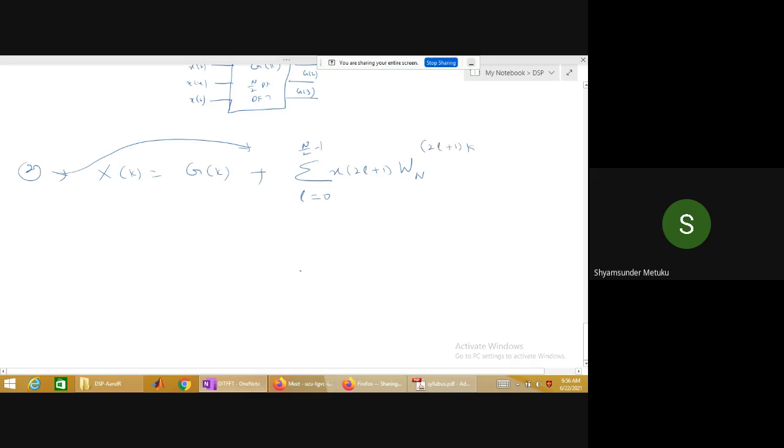Can I write this way? Yes, sir. Okay, fine. Again, let me expand this. I'm only taking this: L is equal to 0 to n by 2 minus 1 x of 2l plus 1 W base 2lk into Wn to the power of k. Can we write this way? Yes, sir, we can write.